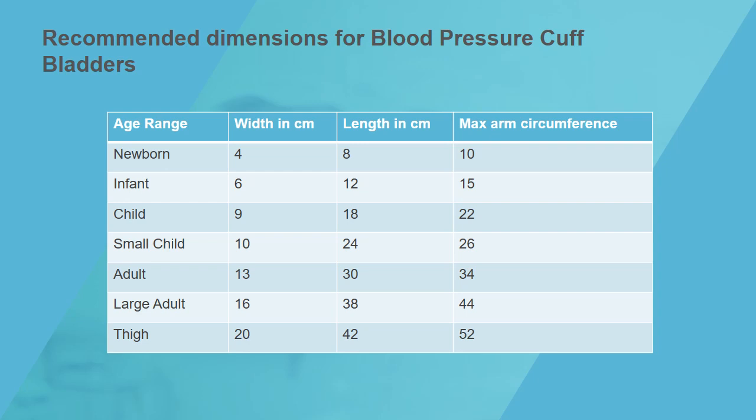So these are basically the values starting from the newborn up to the large adult, as well as when you have to apply a tourniquet on the thigh. You need this particular width, which is 20 centimeters, and length is 42 centimeters for a normal adult patient.